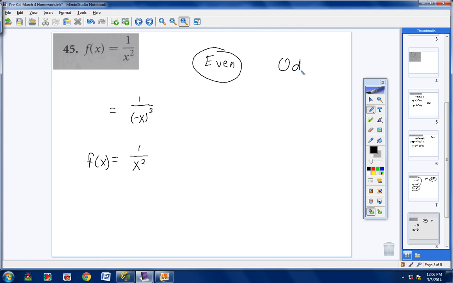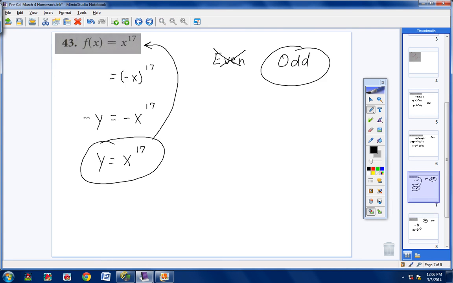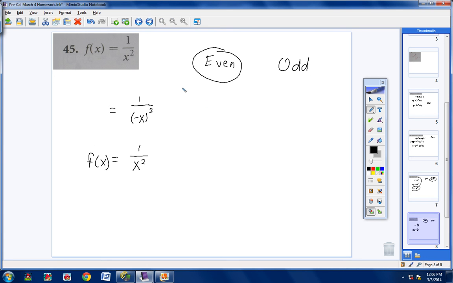Now let's check to see if we have an odd function. All right, and so we're going to substitute a negative x everywhere there's an x, and we're going to substitute a negative y everywhere there's a y. And so let's see what happens. Obviously, when you substitute a negative x here, we've already simplified that. And here we have a negative y, so we'll bring down negative y.